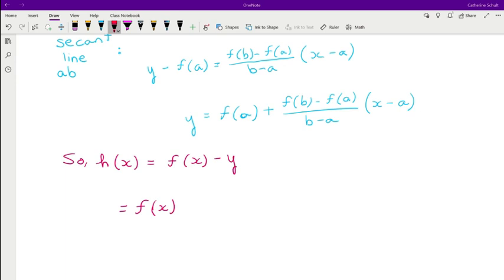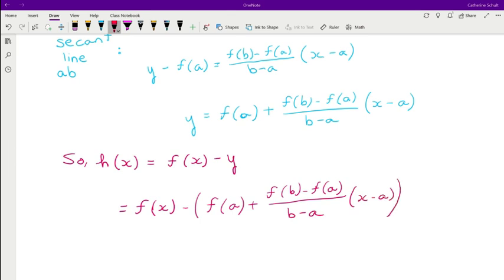So y is f of a plus the slope times x minus a. Okay?